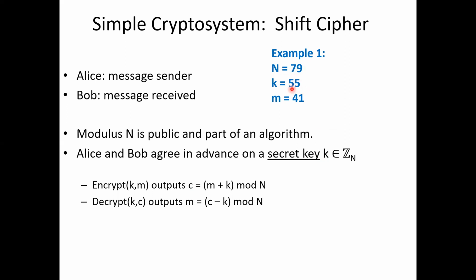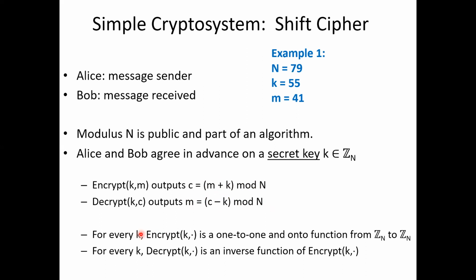Let's say that the key was 55. Encryption works like this. If a message is encoded in Z_n, so it's a number in Z_n, then encryption is just taking this message and adding the key mod n. Decrypting is taking the ciphertext and subtracting the key mod n.